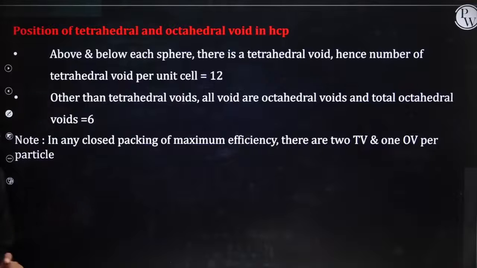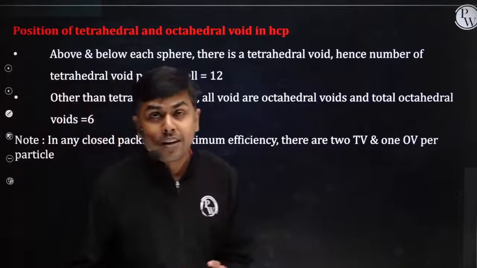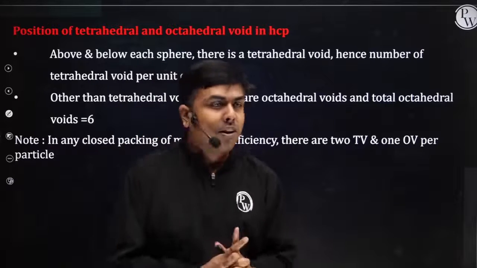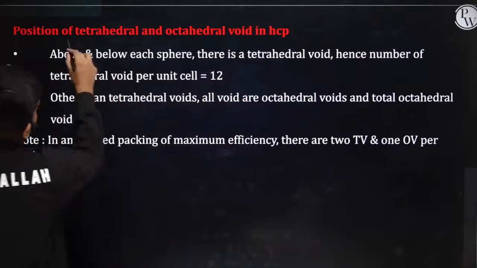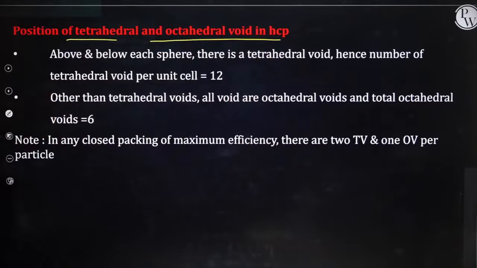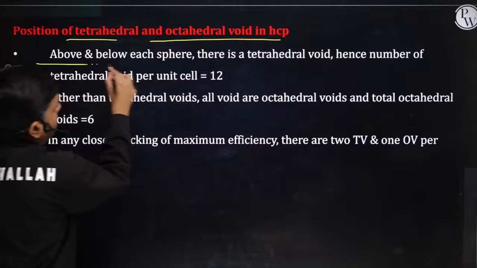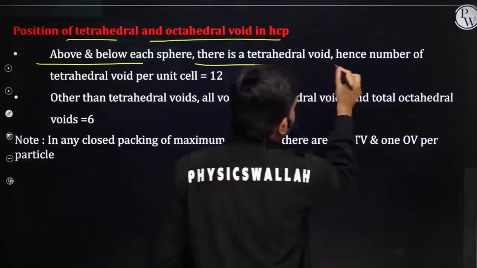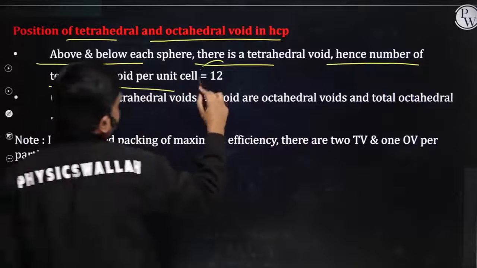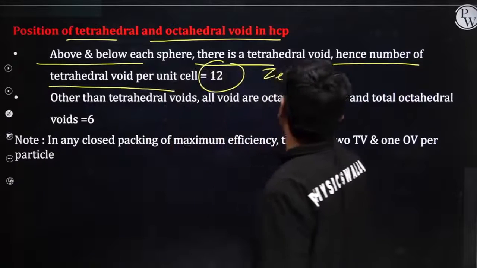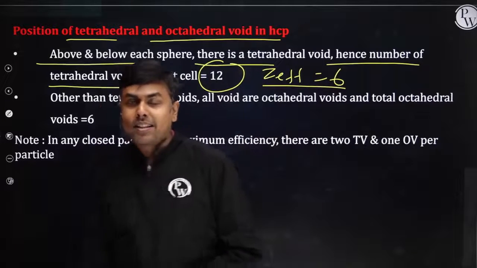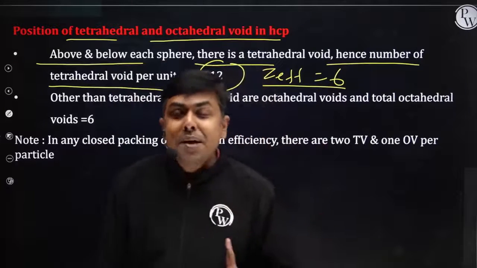Now, this is also really important, not for NEET mainly but for JEE Mains or JEE Advanced: the position of tetrahedral and octahedral voids in HCP. Basically, students, above and below each sphere there is a tetrahedral void, hence the number of tetrahedral voids in HCP is 12. Z effective is 6, and we have studied in closed packing the number of TV is 2 times Z effective.